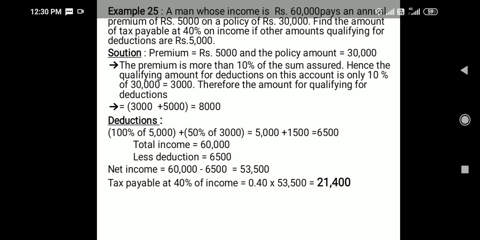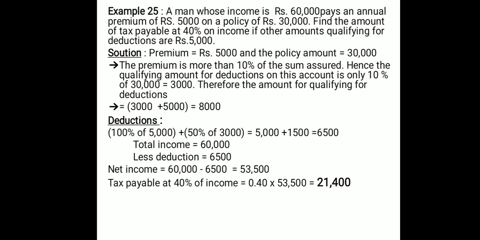Next, let's take one example, it will be clear then. A man whose income is rupees 60,000 pays an annual premium of rupees 5,000 on a policy of rupees 30,000. Find the amount of tax payable at 40% on income if other amounts qualifying for deductions are rupees 5,000.